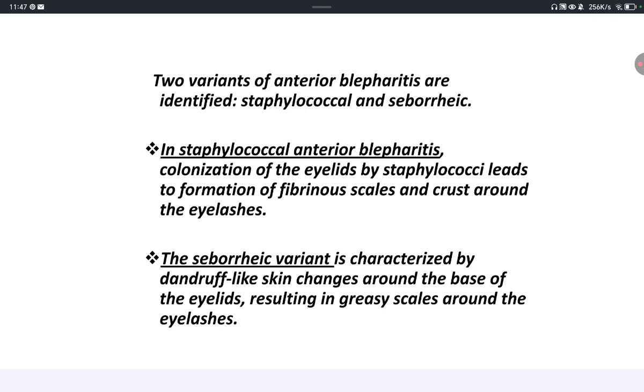So this is the colonization of the eyelids by staphylococci, which further leads to the formation of fibrinous scale and crust around the eyelashes.